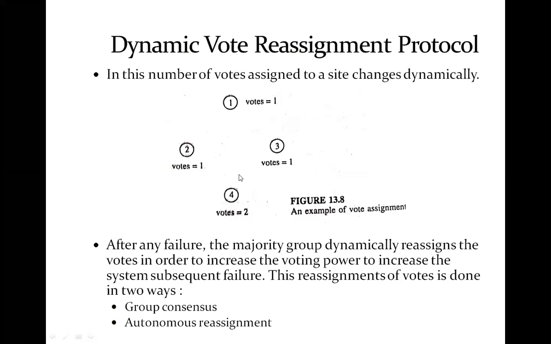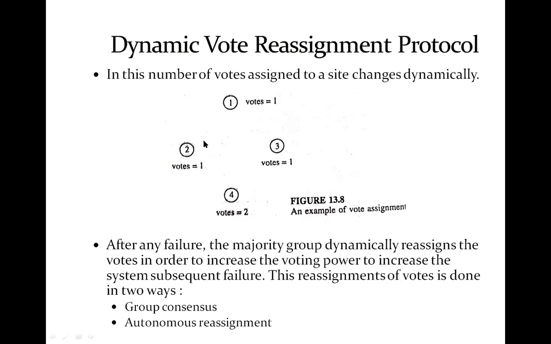In this particular instance, the voting power of 1, 2, and 3 is 1, 1, 1. If it is increased to 5, 5, 5, the total number of votes becomes 5 plus 5 plus 5 plus 2, that is 17. Now, if the second failure occurs, meaning 4 has failed and 3 has failed, even though the total number of votes is 17, the partition of 1 and 2 will be able to collect 10 votes because the reassignment is 5 and 5.